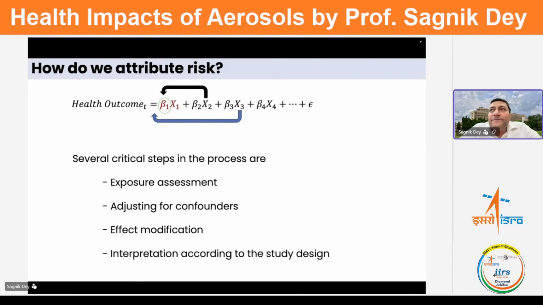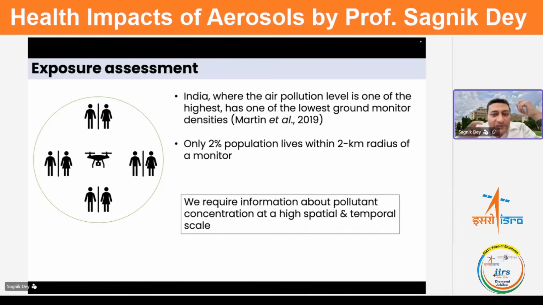But the first step in all of this is exposure, which comes under environmental science, but exposure attribution is also not that easy. If you think about exposure in the context of air pollution, the best way to measure a person's exposure to any pollutant is if the person carries an instrument which measures air pollution level.